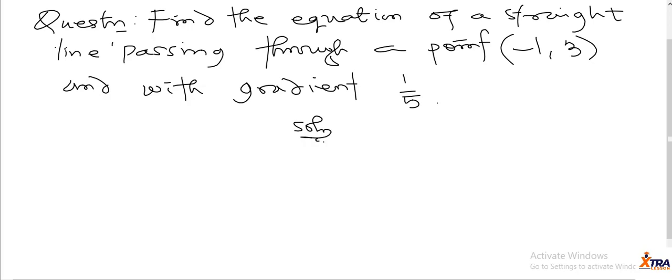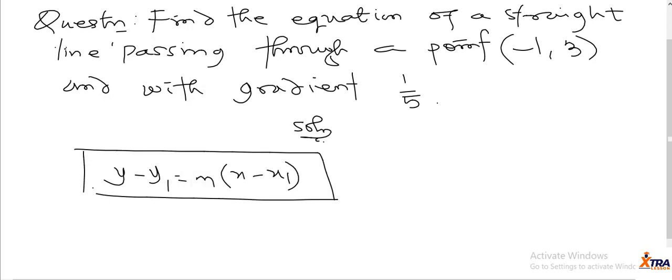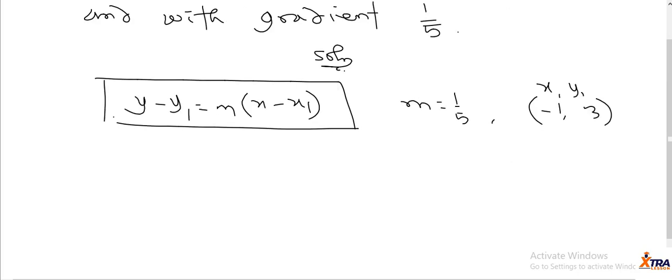Now we know that the formula for solving the gradient-point form is y minus y1 equals m into x minus x1. With the gradient m equals 1/5, and the point (-1, 3), that will be x1, y1.